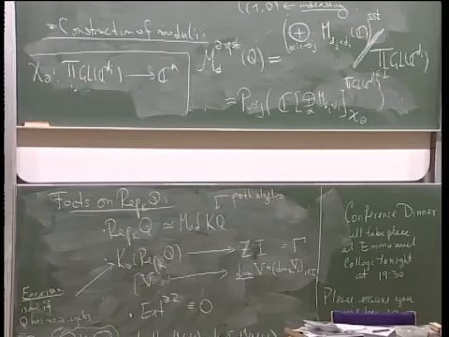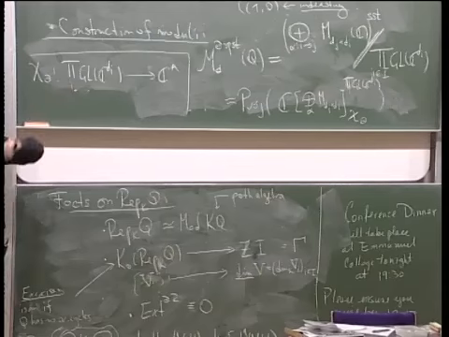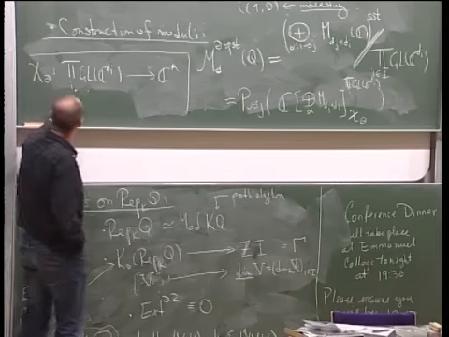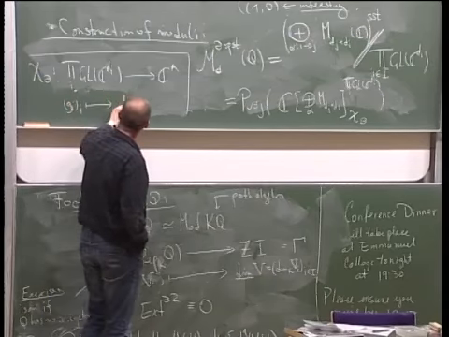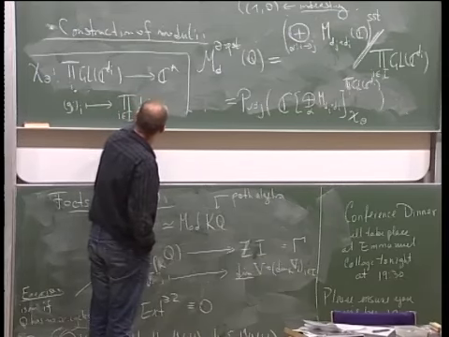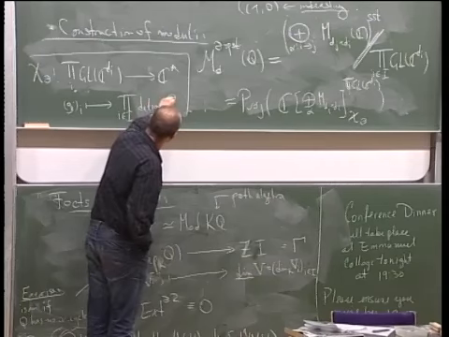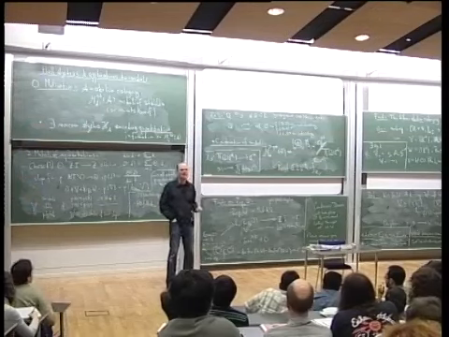We know what the characters on GL are, just powers of the determinant. So characters on products of GL are just products of powers of determinants. And now we just have to choose the right power. In principle, we would like to take that one, but that's wrong. Let me explain why.